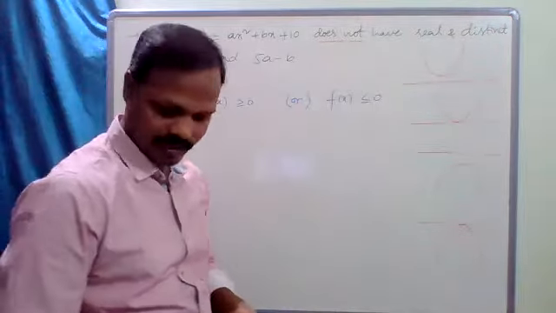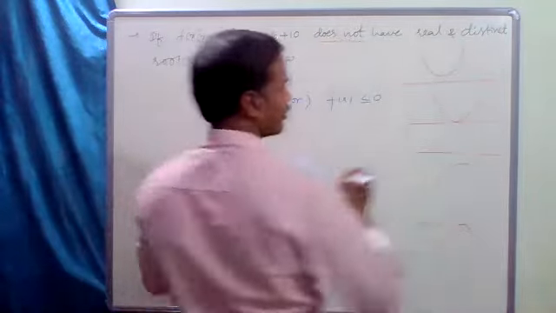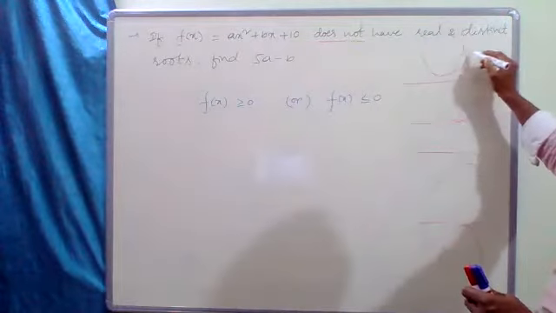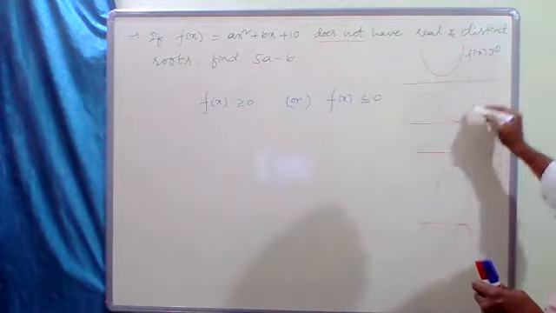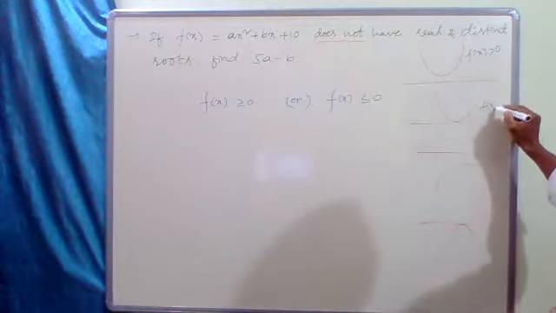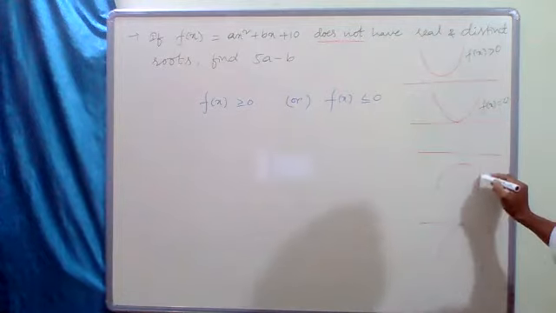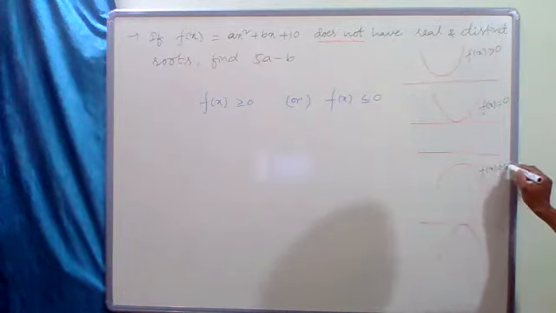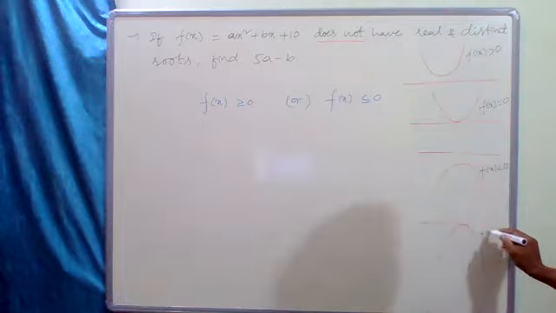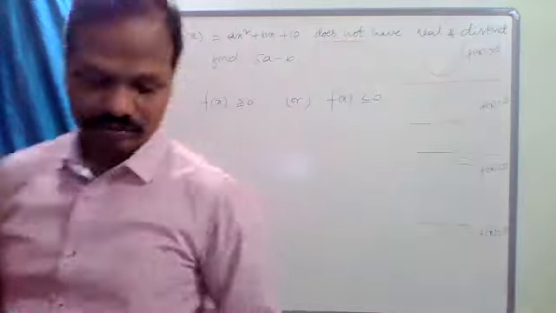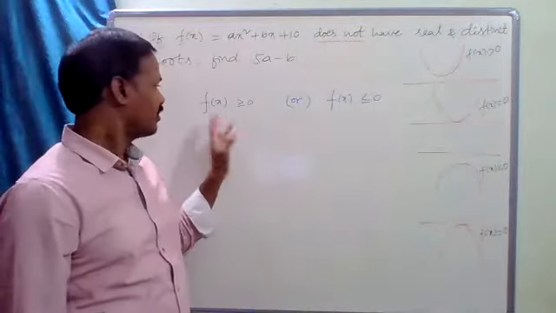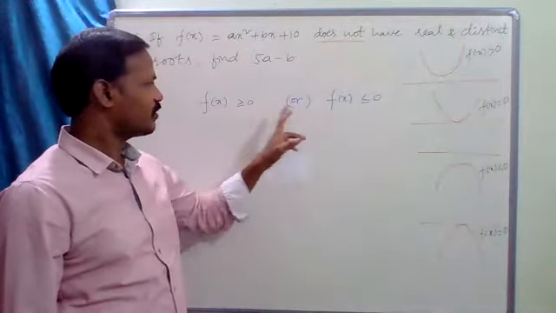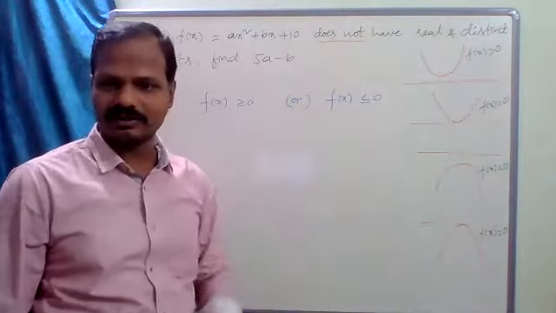Now in this case, f of x is strictly greater than 0. In this case, f of x equal to 0. In this case, f of x is strictly less than 0. In this case, f of x equal to 0. Therefore, the required cases are f of x greater than or equal to 0 or f of x less than or equal to 0.